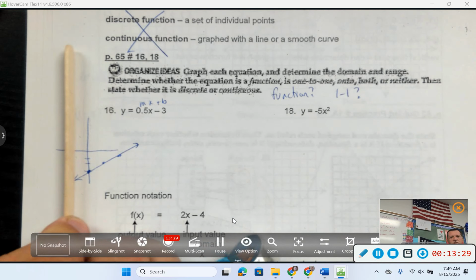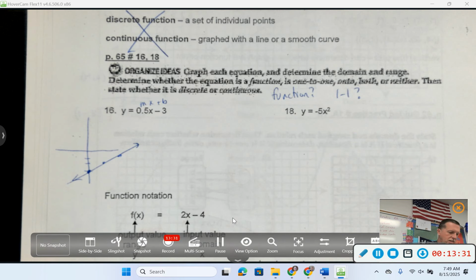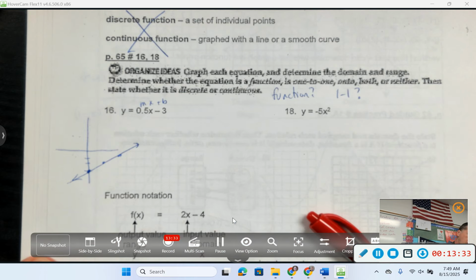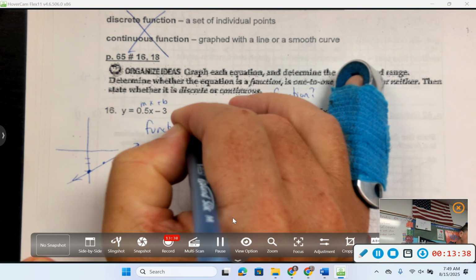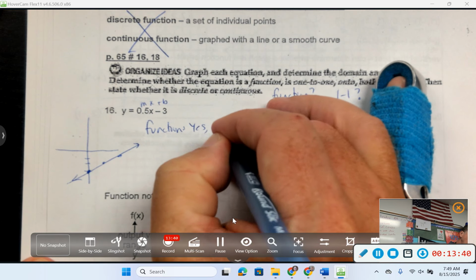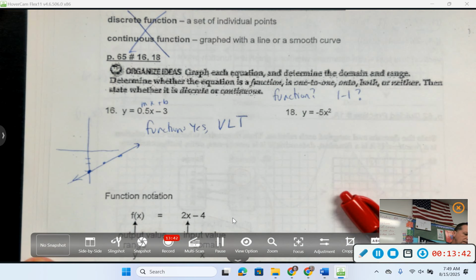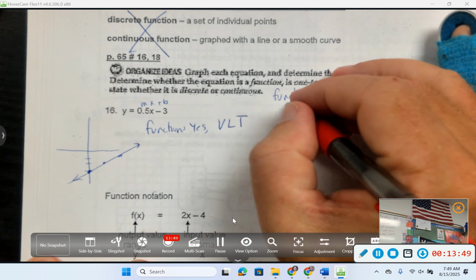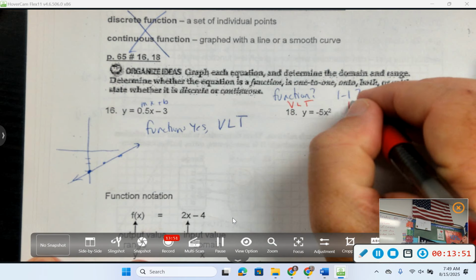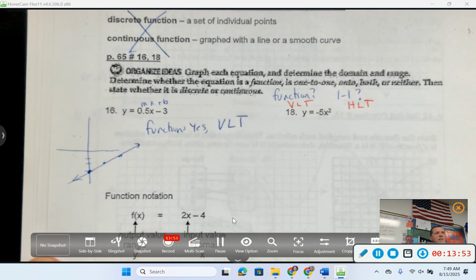So is it a function? Vertical line test. Function, yes, by the vertical line test. We didn't talk about the way to know if it's one-to-one. To know if it's one-to-one, it has to pass the horizontal line test.